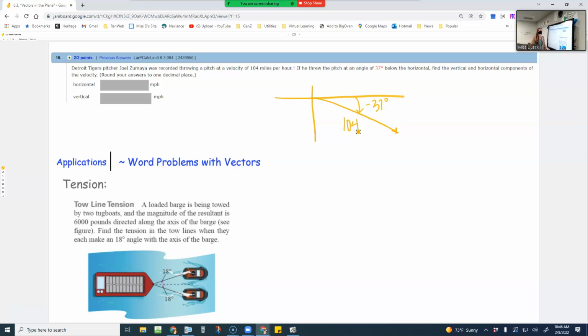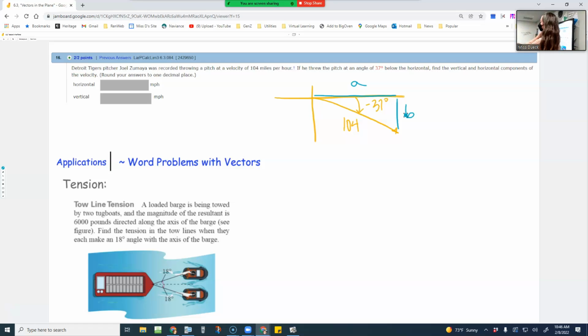So then they ask me, if that's what you know it is, then go ahead and break it down into its components. And so, kiddos, that's just that nice little magnitude cosine angle, magnitude sine angle. You're just trying to find what is the A and what is the B to this situation. You're right back over there with our cosine angle, sine angle, but you should be using negative 37, right? Andy? Yeah, go ahead.